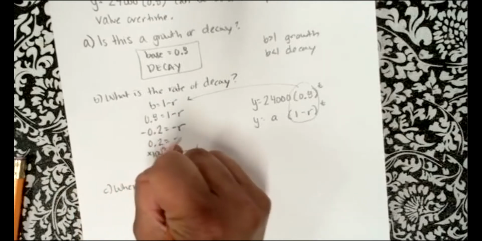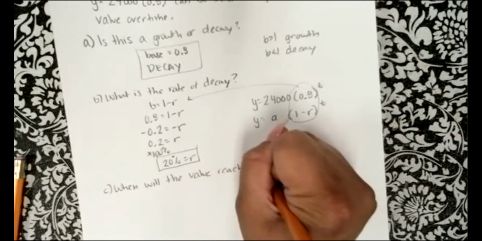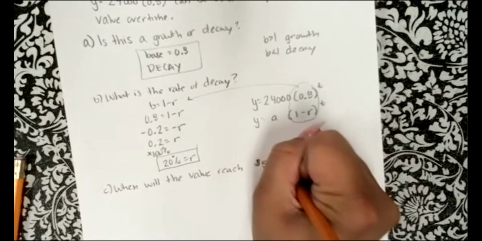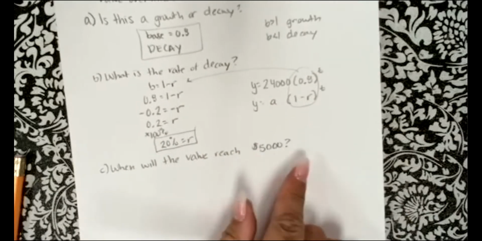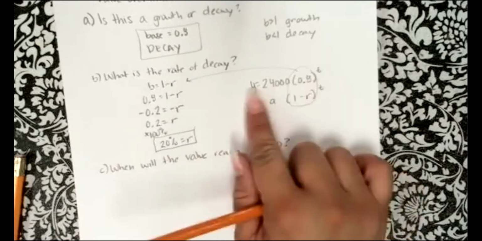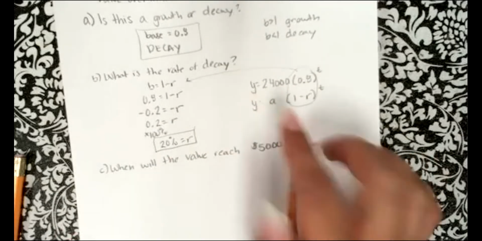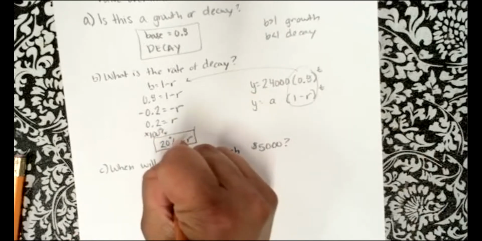When will the value reach 5,000? So now I want to know the ending to be 5,000. So if this is my equation, I'm not giving you the time, I'm giving you the y value. So I want it equal to 5,000.